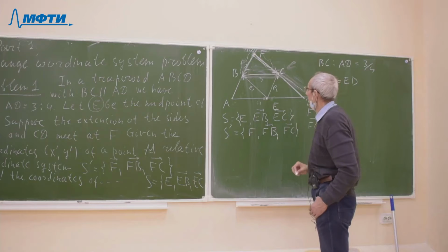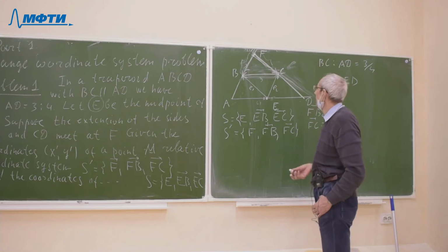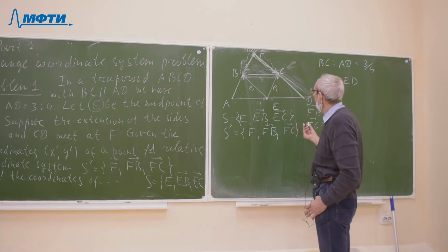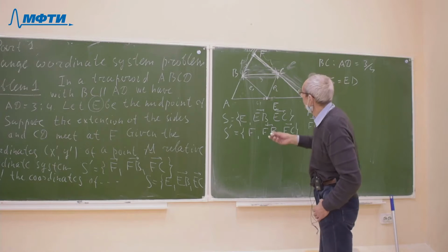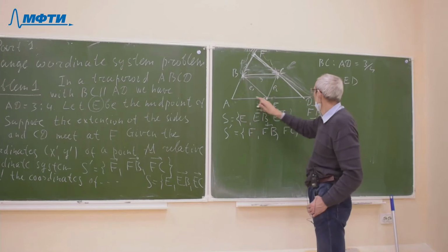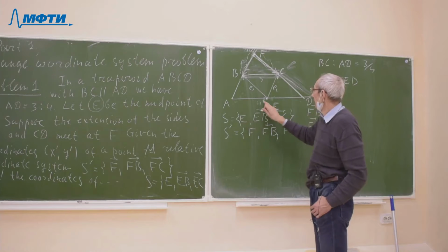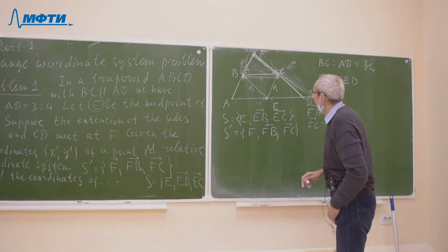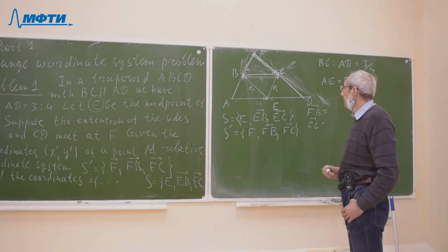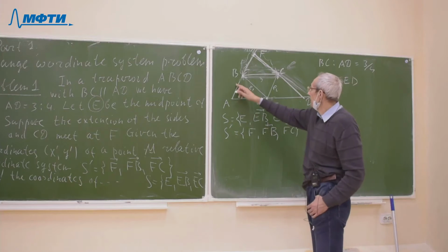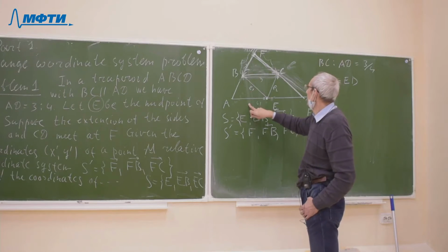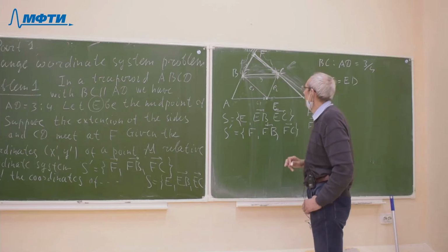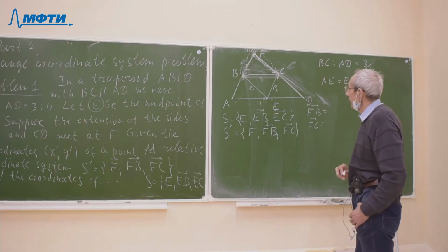Also we have the vectors AB and AE, and let's try to express these two vectors in terms of them.